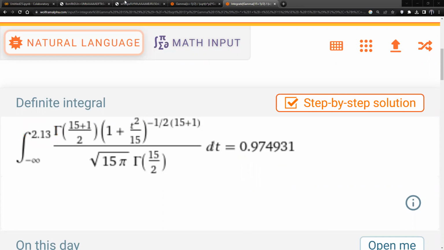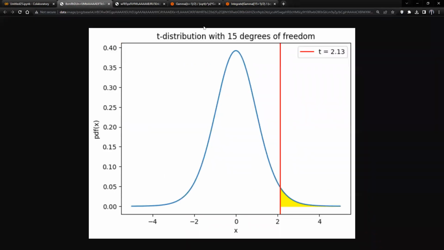So what does that mean? This is my t distribution. When we graph that beautiful probability density function, we get this nice bell-shaped curve.